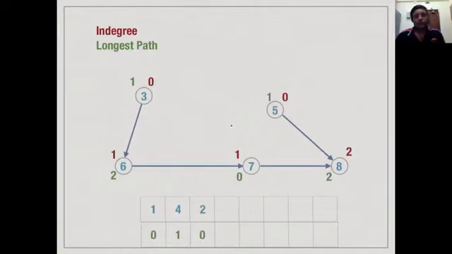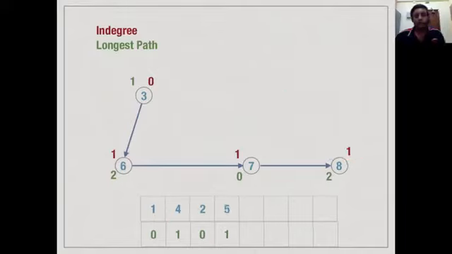Now likewise, when I remove this 5, this 2 will become 1, but because 1 plus 1 is 2 and we already know that 8 has a longest path of at least 2, we don't make any change. Now when we go to 3, 3 says it has a longest path of 1. So therefore, because of 3, the longest path to 6 is at least 2, but we already know it's 2, so again there is no change.